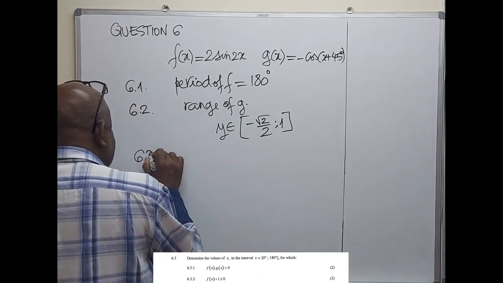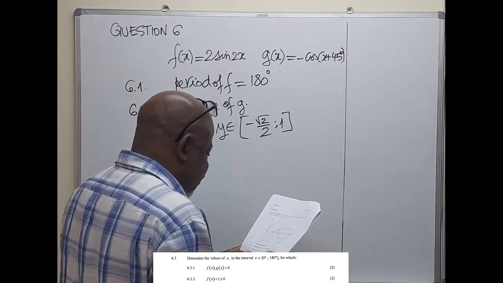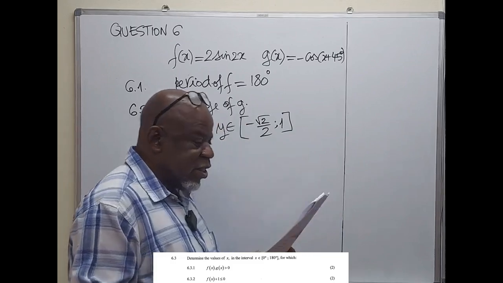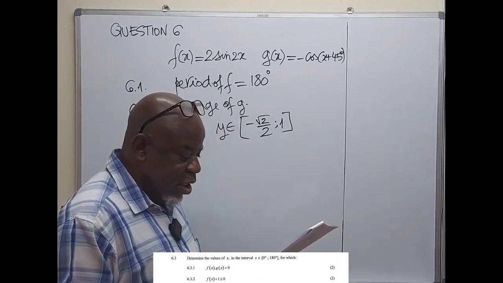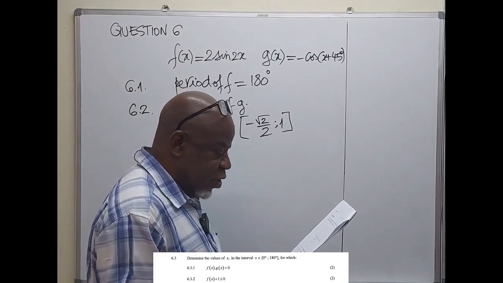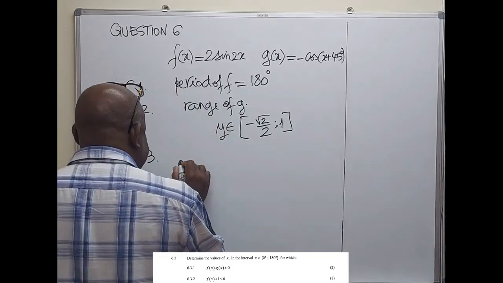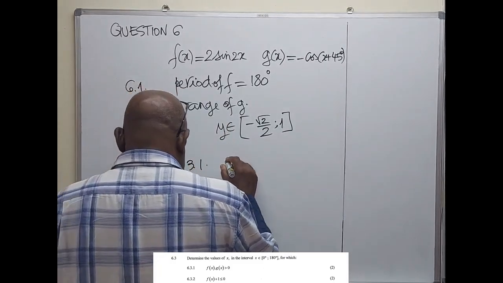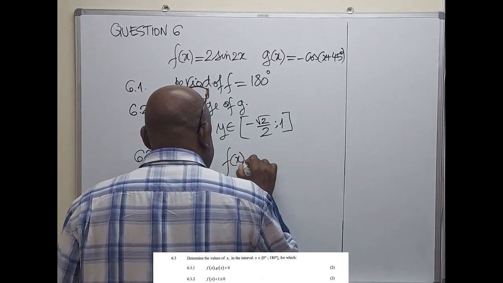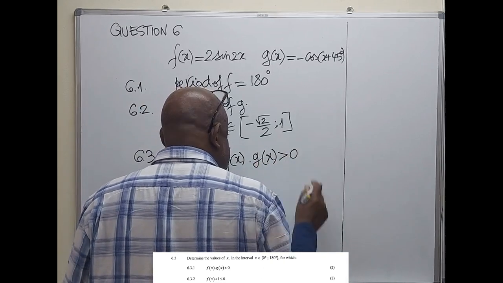From there, we're going to question 6.3. Question 6.3 is saying, determine the value of x in the same interval from 0 to 180 degrees, as you can see on the diagram, for which f of x times g of x is greater than 0.